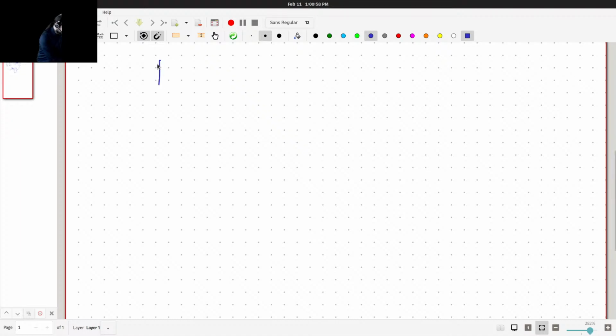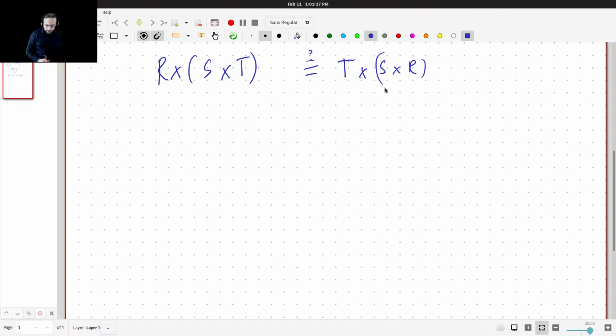So let me copy them over, R cross S cross T. And we want to show that this is equivalent to T cross S cross R. I usually like to do these interactively. Hopefully the stream latency is low enough today that we can pull that off. If not, we'll do one or two, and then I'll go through the others on the board. But let's see if we can do something interactive here.